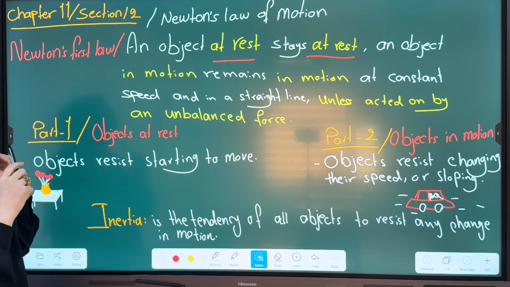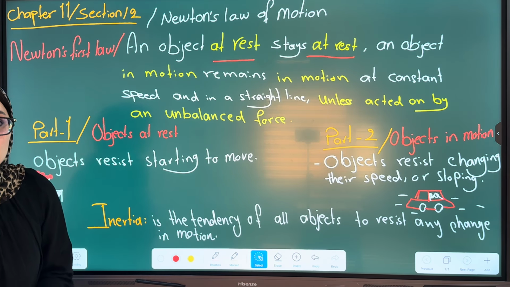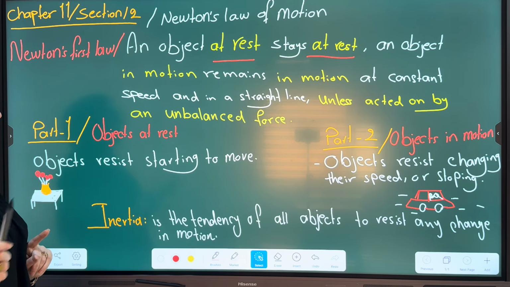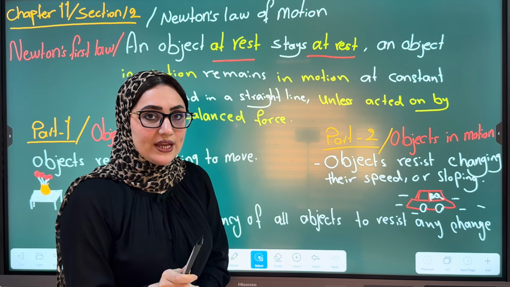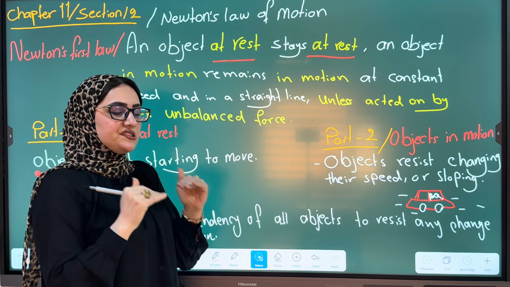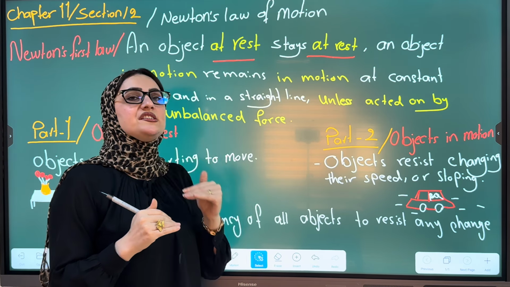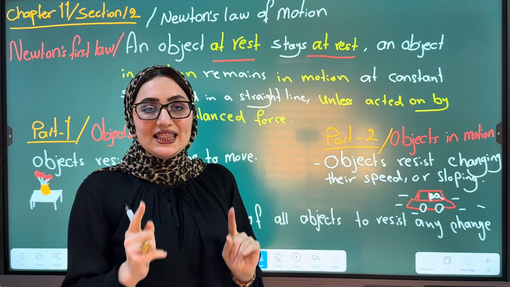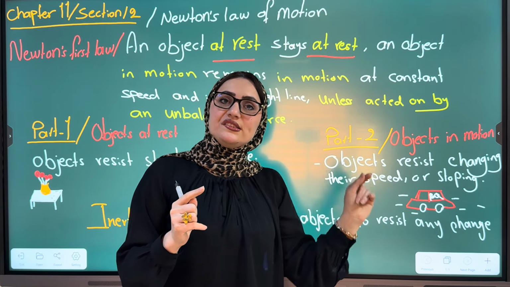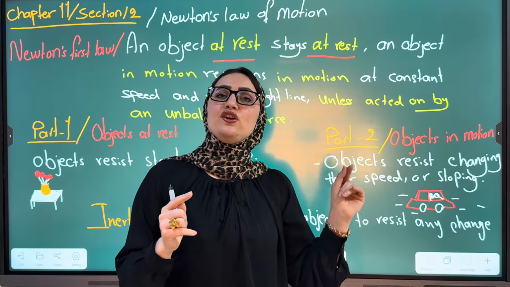Newton's first law of motion states that an object at rest remains at rest. An object that is not moving will stay not moving, will remain at rest unless an unbalanced force acts on it.